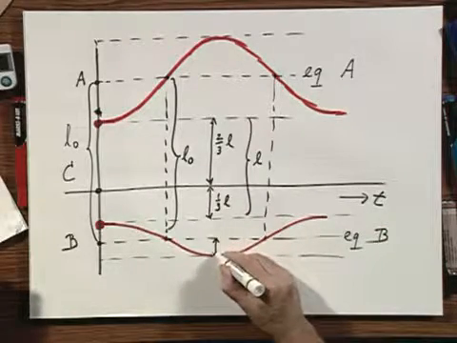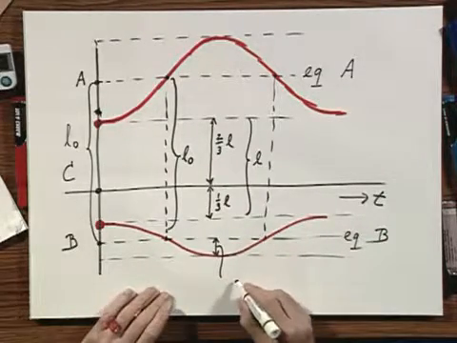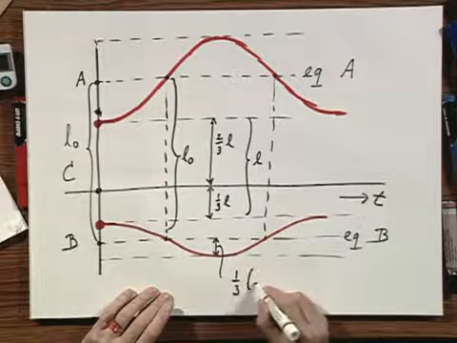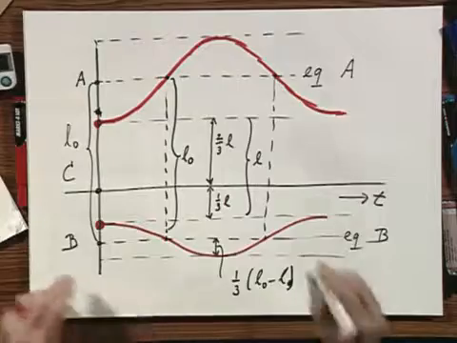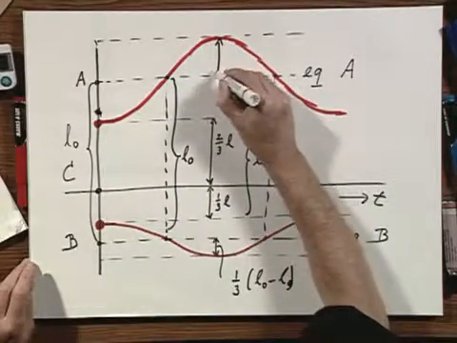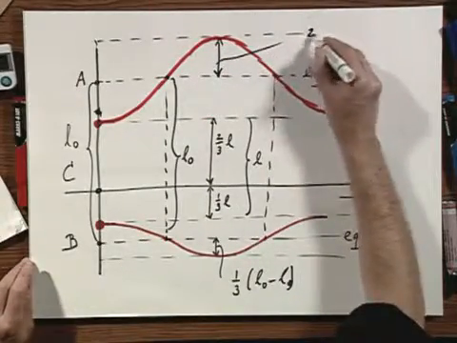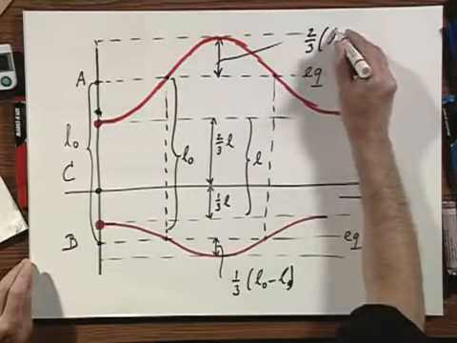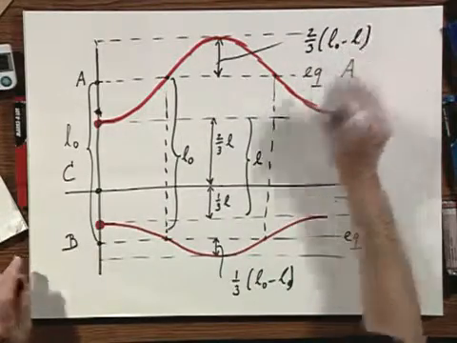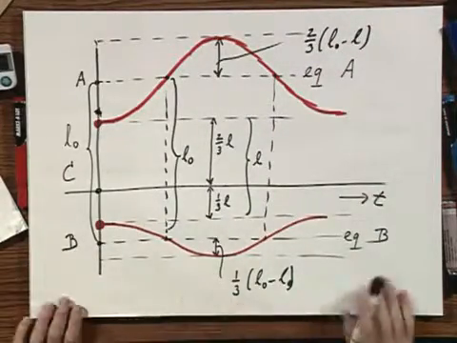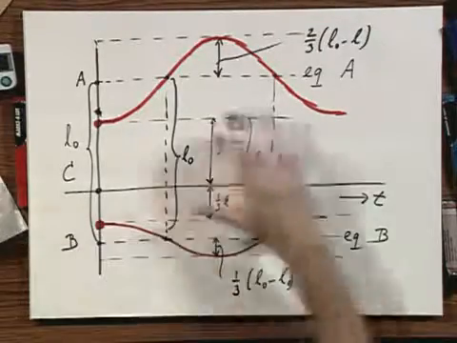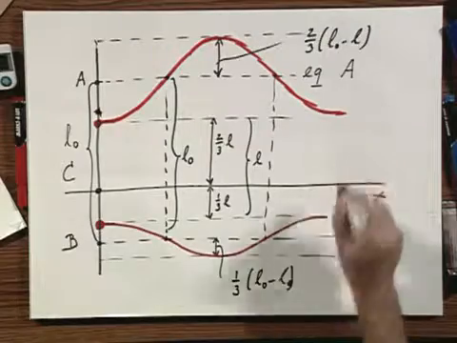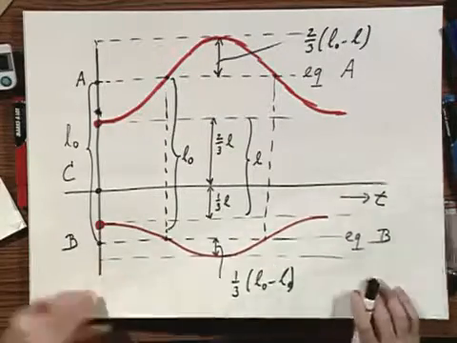The amplitude of the oscillation of B would then be 1/3 times (L0 minus L), and the amplitude of the oscillation of A would be 2/3 times (L0 minus L). And I think this is about all I can say, and everything that we've just discussed is implicit in this drawing.